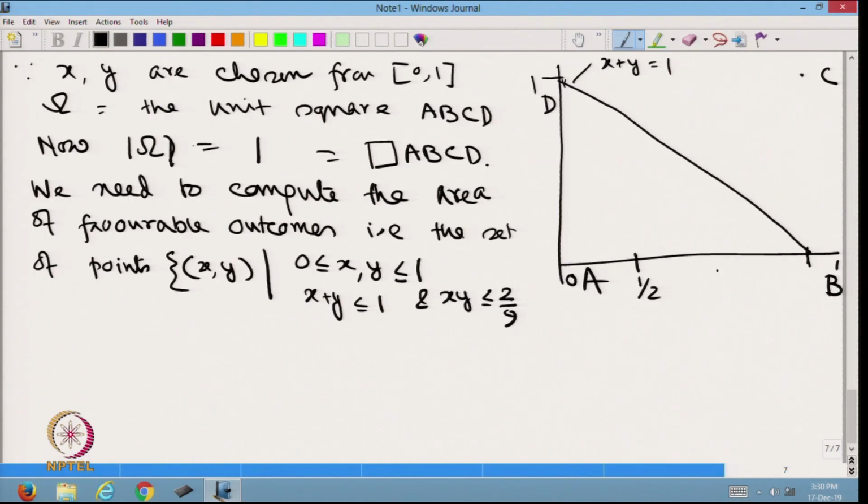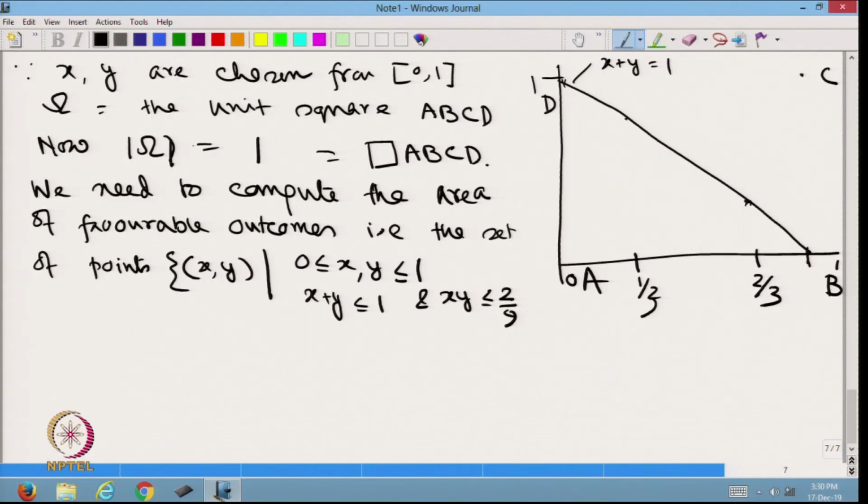Let us consider these 2 points, 1 by 3 and 2 by 3. When x is equal to 1 by 3, y is 2 by 3 on this line, and when x is equal to 2 by 3, then y is equal to 1 by 3 on this line.